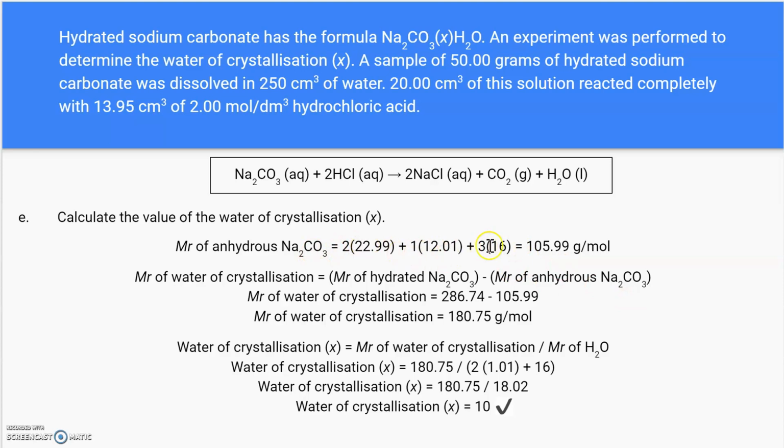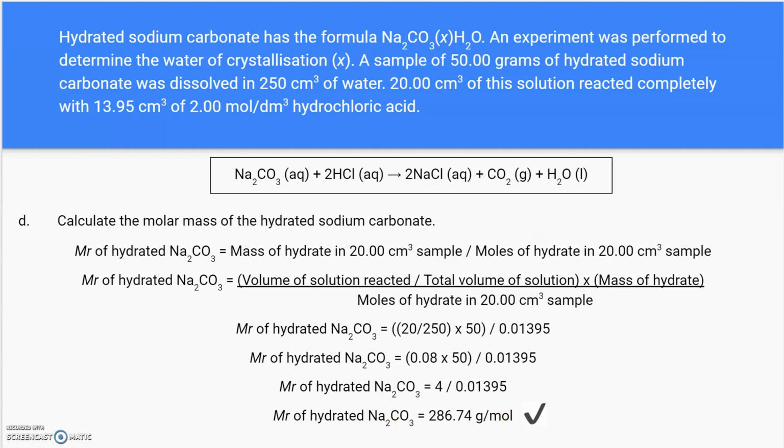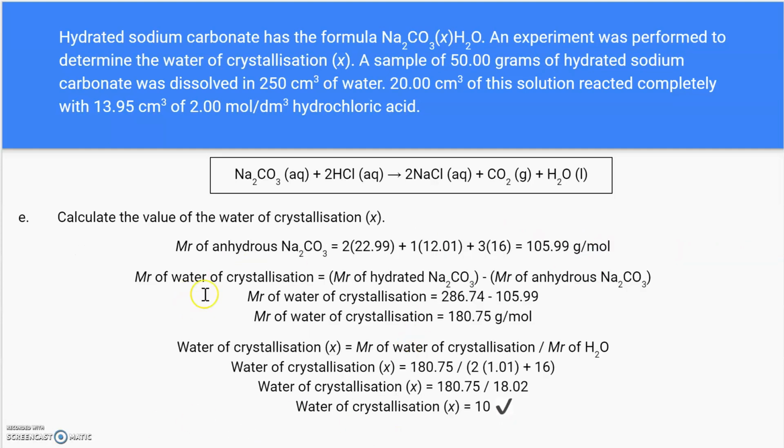We add those three up, and we get that the molar mass of anhydrous sodium carbonate is 105.99 grams per mole.